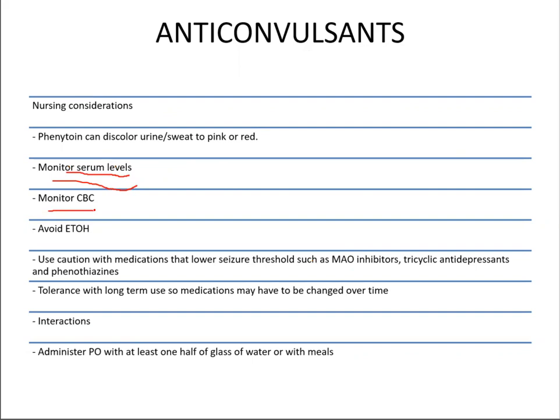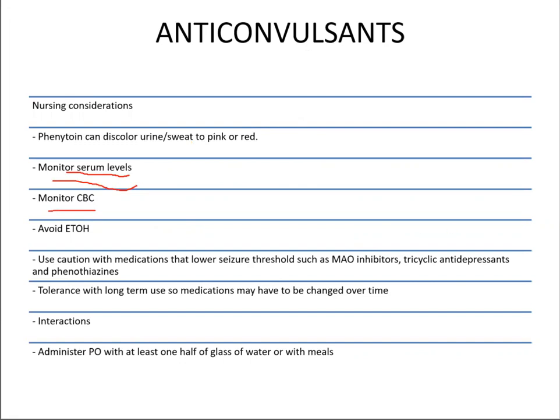Remember, your white blood cell count should be between 4,500 to 11,000 cells per microliter. Your red blood cell count should be between 4.5 million to 5.9 million cells per mcL for men, and 4.1 million to 5.1 million cells per mcL for women. So you want to monitor CBC.